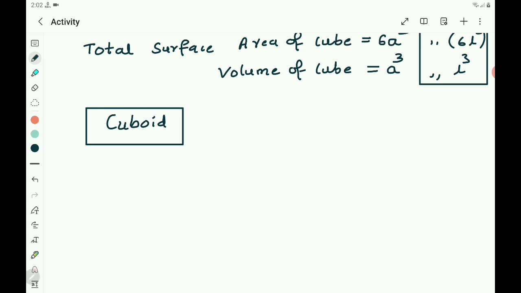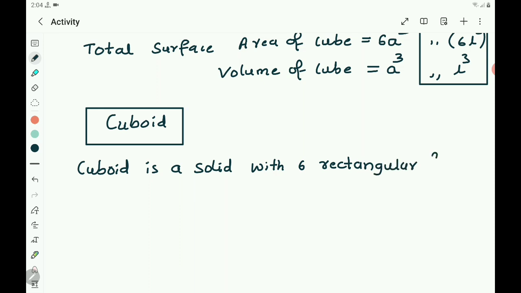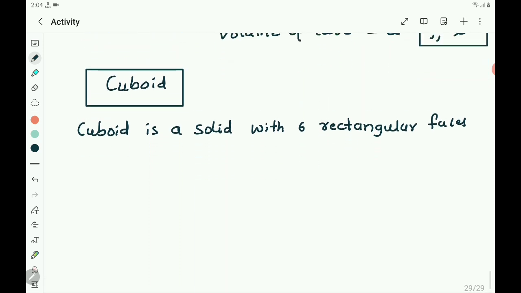So write, cuboid is a solid with 6 rectangular faces. Draw the figure of the cuboid.